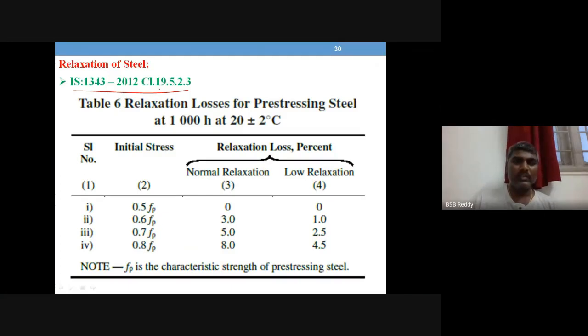You can see clause 19.5.2.3 talks about this, and table 6 particularly gives you the values of relaxation losses for pre-stressing steel. Okay, and if the initial pre-stressing stress is 50% of its characteristic strength, you can see there is no relaxation loss at all, 0%.